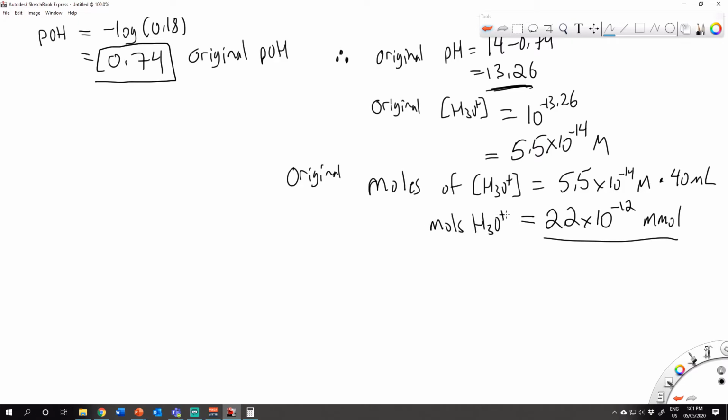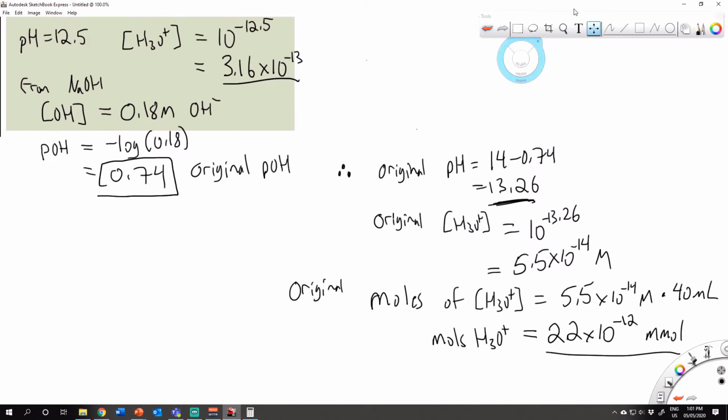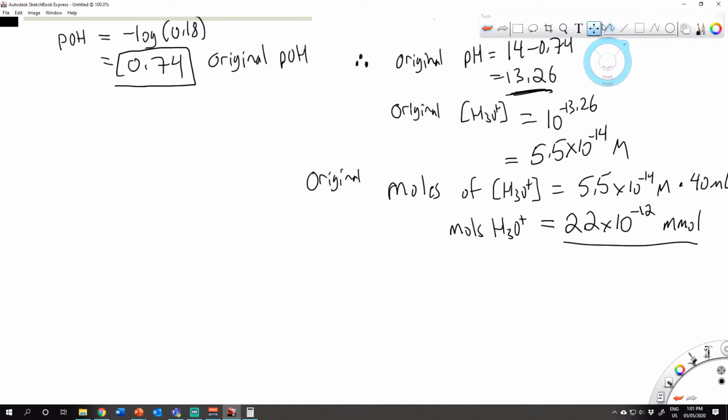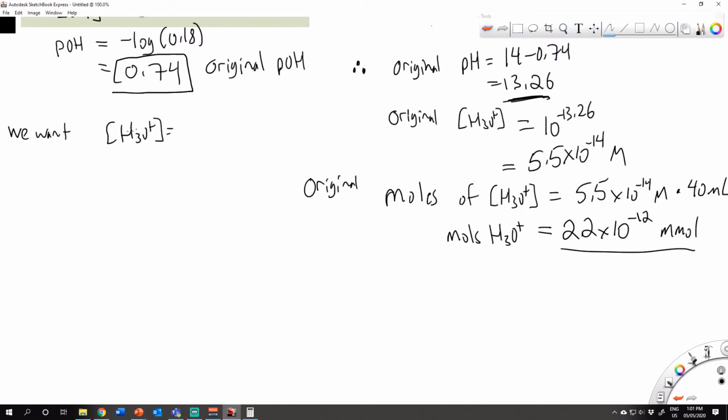All right, now going back to the very first value we calculated up here, this is the concentration of hydronium we want to get to. So now we'll do a similar set of calculations for what we want. We want a concentration of hydronium of 3.16 times 10 to the negative 13 molar.